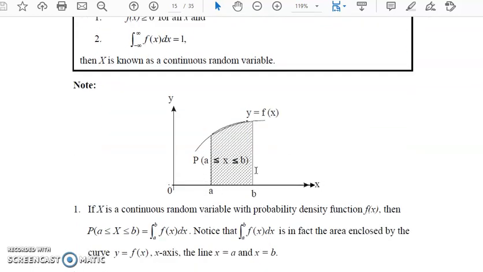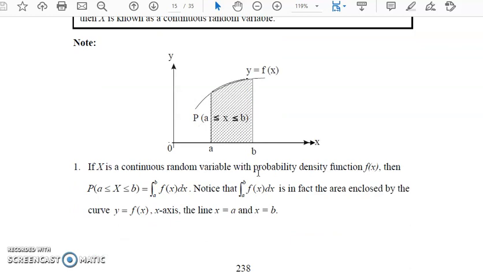Let's proceed. This is a figure shown to you. As I told you, in the continuous random variable we'll be using integration. As we know, with integration we are going to find some area, is it right?